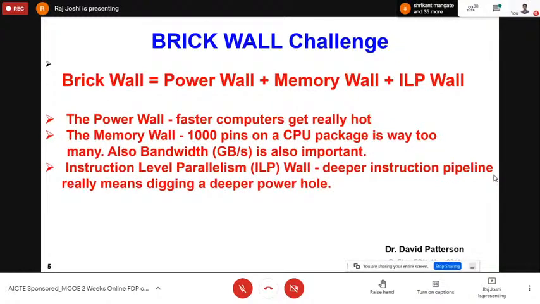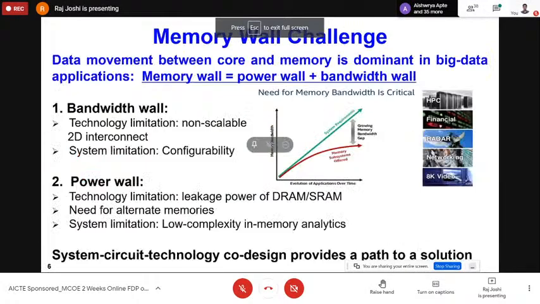There is a brick wall, and the brick wall here is the power wall, and especially in the memory wall, we have certain other problems: bandwidth, the power wall, and the system requirements. If you plot memory bandwidth as a function of the evolution of applications over time, system bandwidth is improving and the requirements are increasing. However, for the memory subsystem offered, there is a big gap, okay?